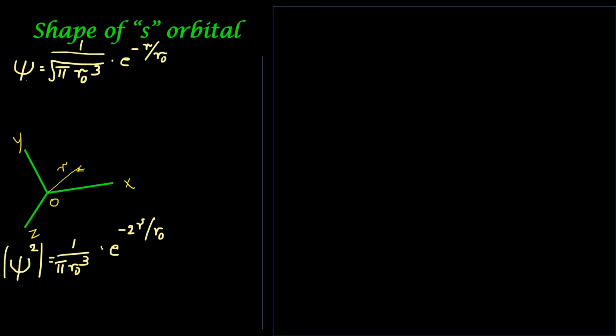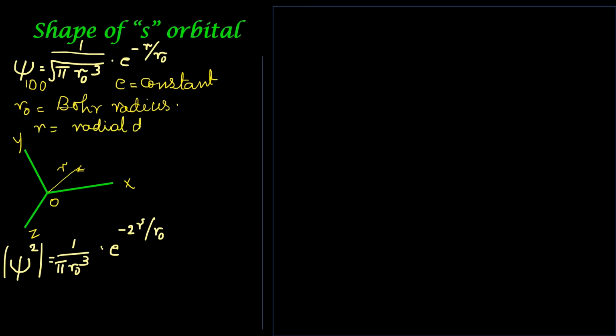Psi 1 0 0, for s, that is the value of l, and then magnetic quantum number 0. The parameters here: e is a constant, r naught is Bohr radius, and r is the radial distance of the location. Psi is the wave function.